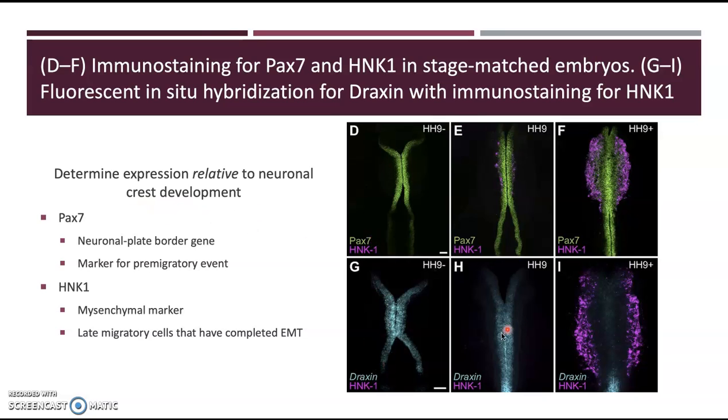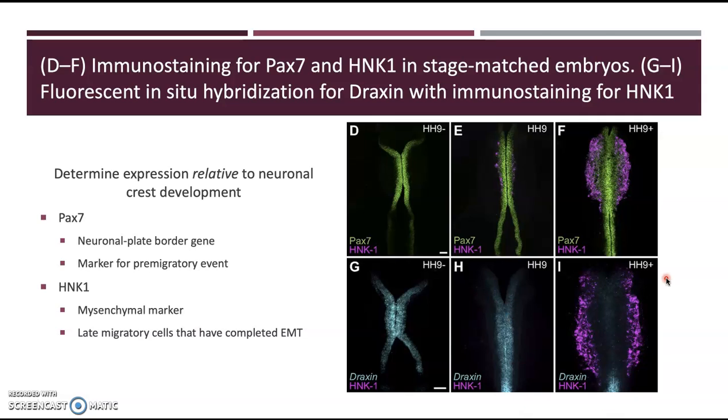And so moving forward into this intermediate stage, even though we see that HNK1 is present in this embryo, there was no HNK1 marker visible for our intermediate stage with Draxin.